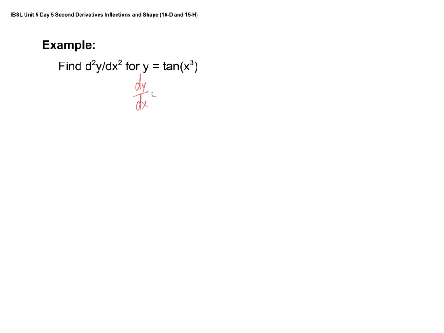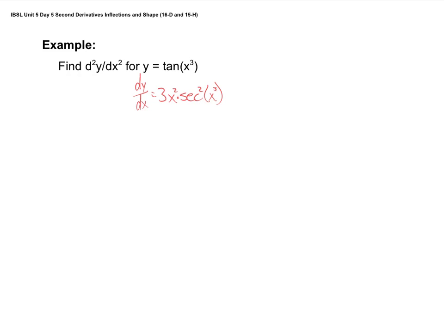And does anyone remember what the derivative of tangent is? Very good, secant squared. So in this case, it would be secant squared of x cubed times 3x squared. Very good. Chain rule times 3x squared. Okay? So that's our first derivative.